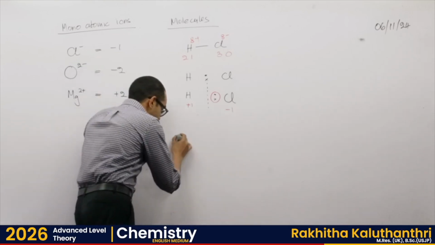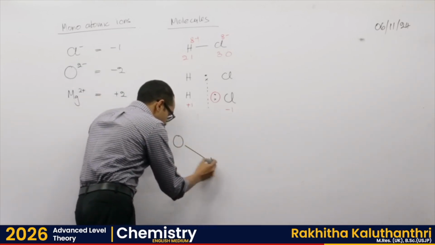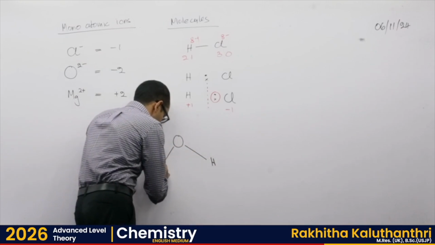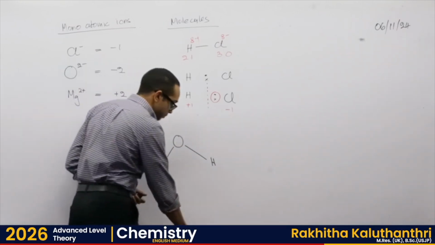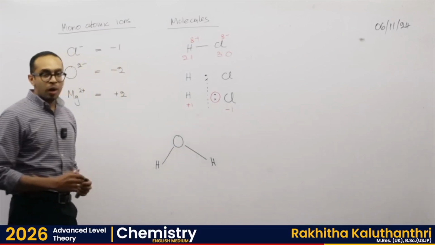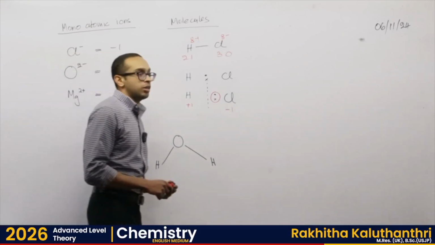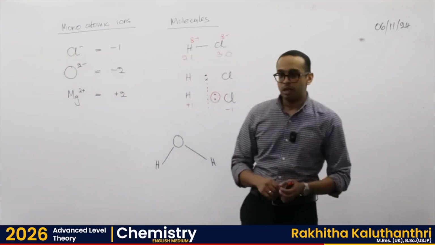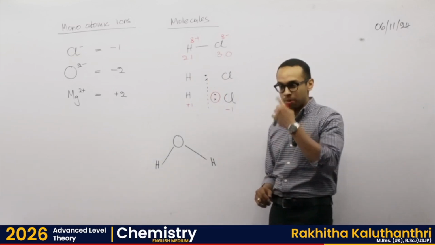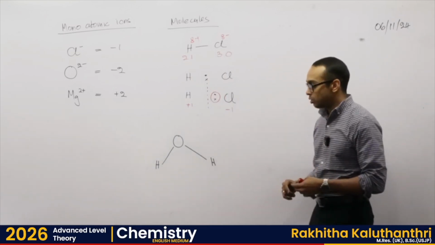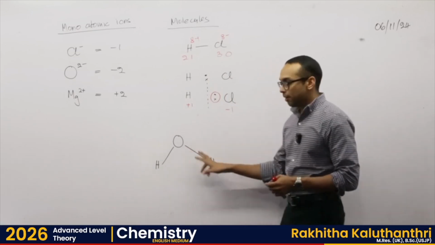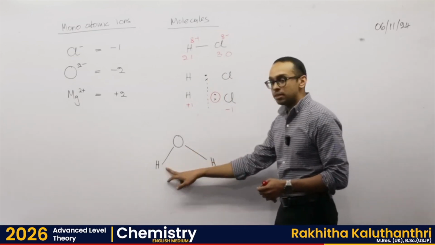Right, water. Now I would recommend you think of polarization, because you all are now very good with polarization. As far as I can remember, when we did questions in class, you all were very good with polarization. So think of how each of these bonds are polarized.